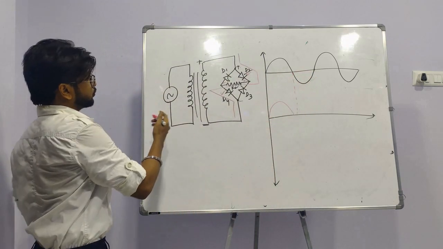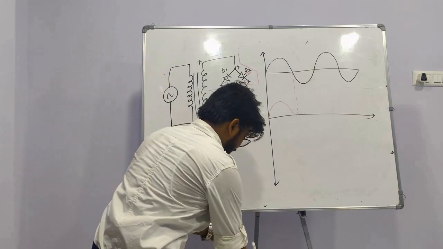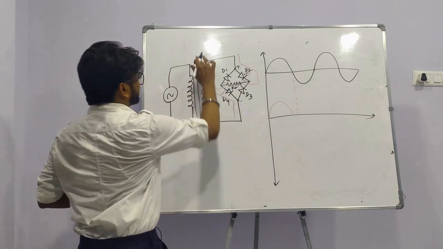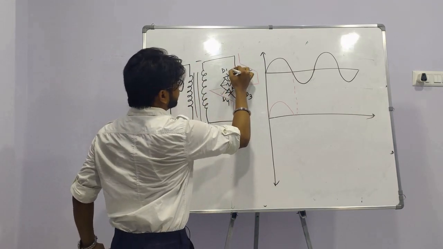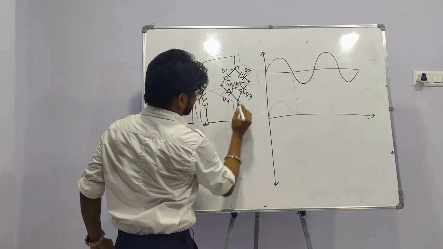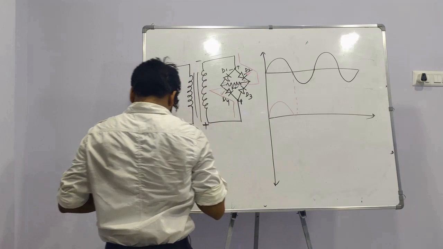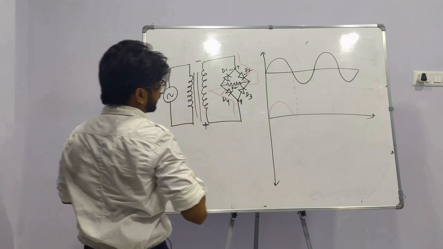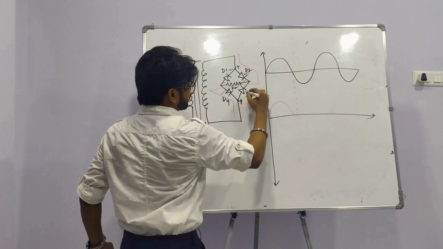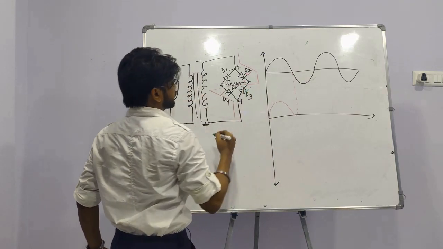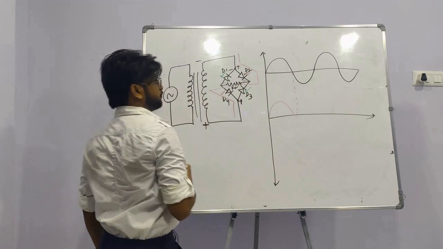Now moving on to the negative half cycle. In the negative half cycle, this is negative and this is positive. So for this positive, diode D3 starts conducting in forward bias condition, and for this negative D1 is in forward bias condition.